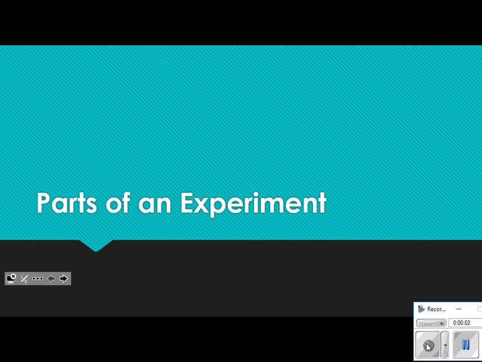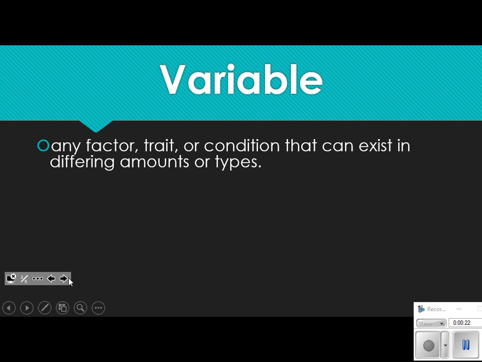We're going to start taking some notes here on parts of an experiment. We're going to start off here with talking about a variable. So open up your box on variable, and below it, you need to write these factors, if you will, folks.